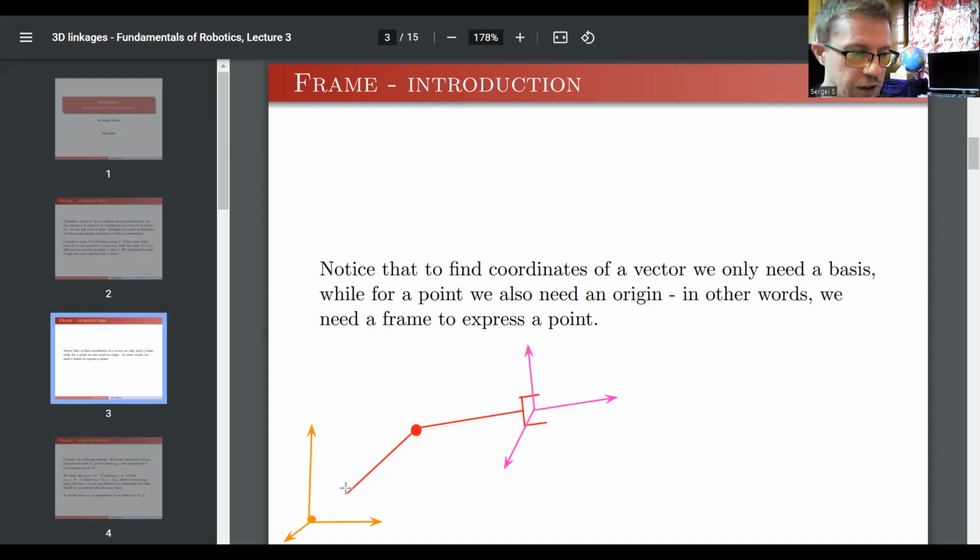So there was 1 frame somewhere, or like world frame, what we'll call in just a minute, and then there's a frame here, right? Just 2 different frames, and they have 2 different origins.